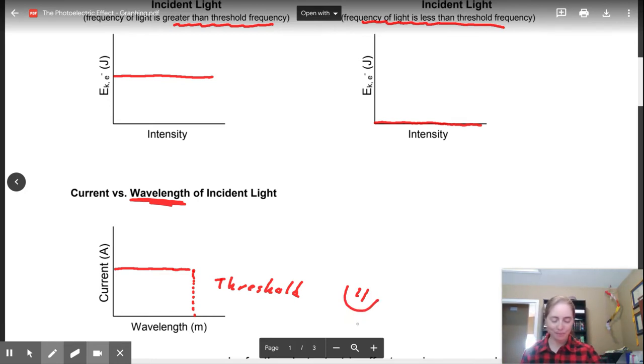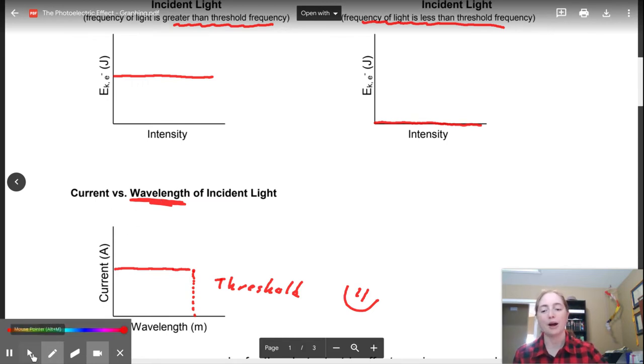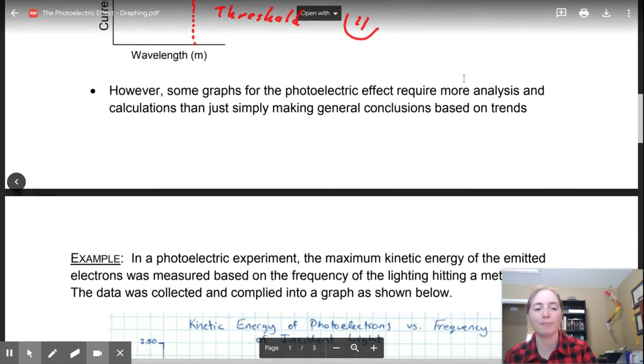So, ladies and gentlemen, we are going to look at our usual case here of an actual graph with actual data where we are going to get our actual slope. Awesome. Okay. So, whoops, I need to be on the mouse so I can scroll down. There we go.